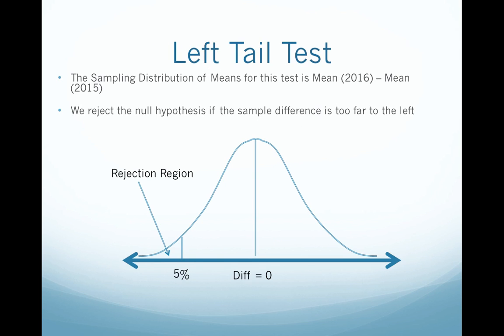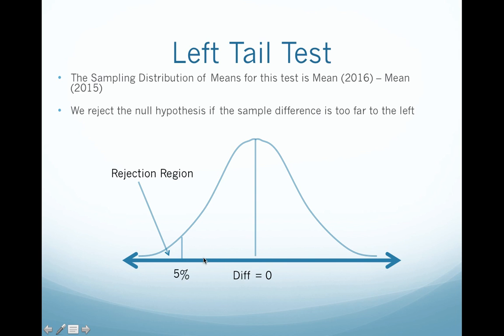Here's a graphical representation of that. Think of this as the sampling distribution of sample means if the population, in fact, has a difference of 0. And so if the 2016 population minus the 2015 population has a difference of 0, that's where we would be centered. And so you center it at whatever difference you're testing.